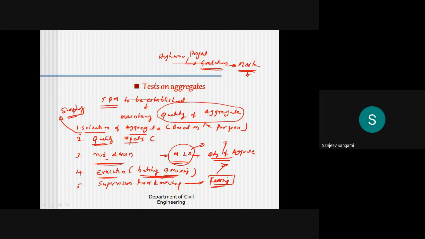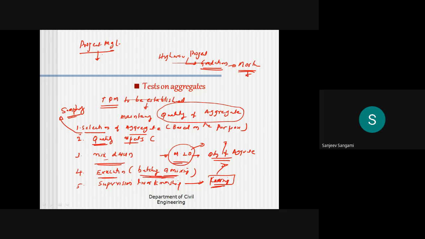That is also a very important aspect. If there is only mixing and supervision is not there, then there will be a problem. So starting from project management, all these aspects play a very important role.